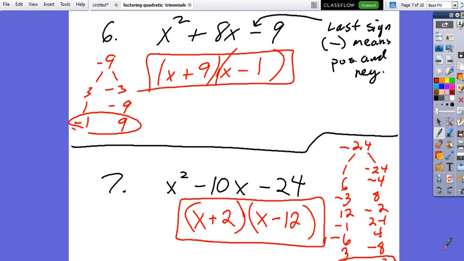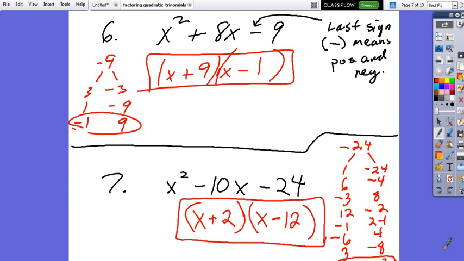Okay, look at this one. This is a situation just like what I just discussed. So we've got x squared minus 10x minus 24. X and x. I want the factors of -24 that combine to get -10. In other words, they are 10 units apart, basically.